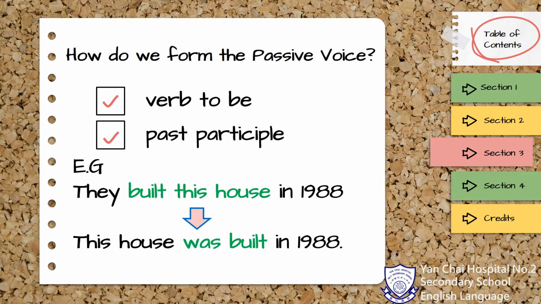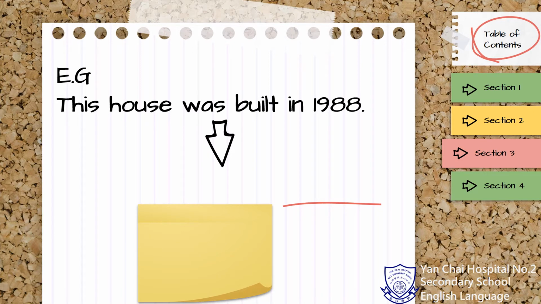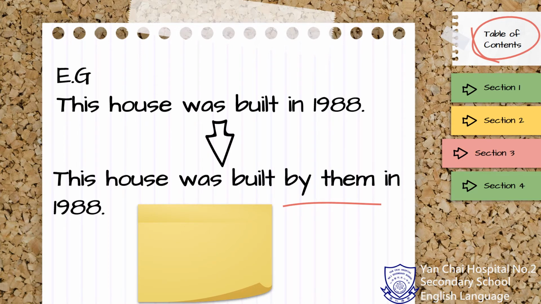So here we change the subject to this house, and then we have the verb to be, was, and then the past participle, built. So from this sentence to a new sentence, this house was built by them in 1988. So here we mention the doer with by.